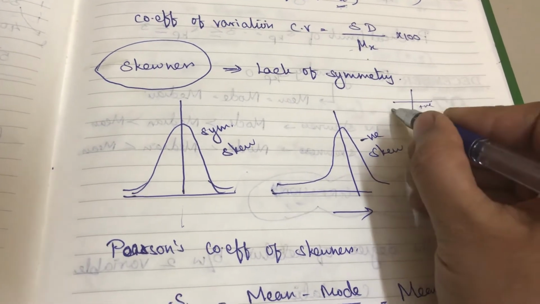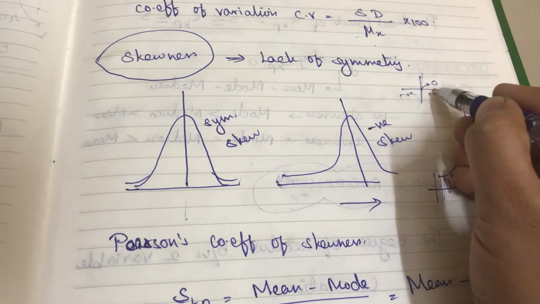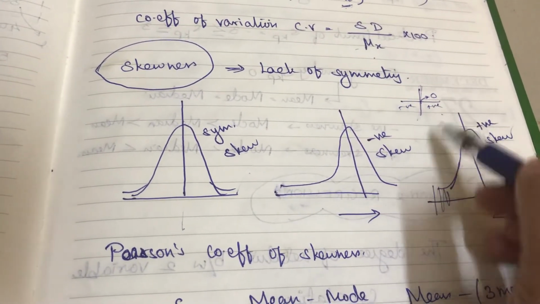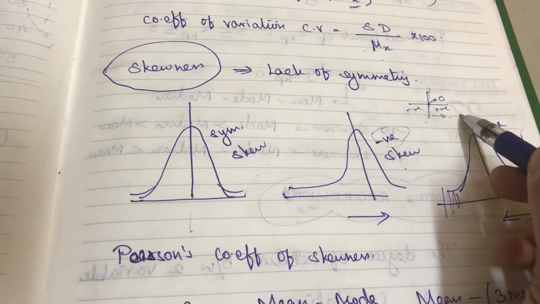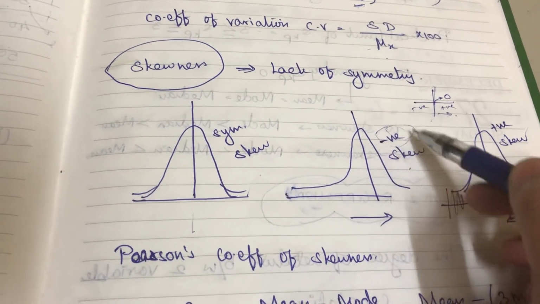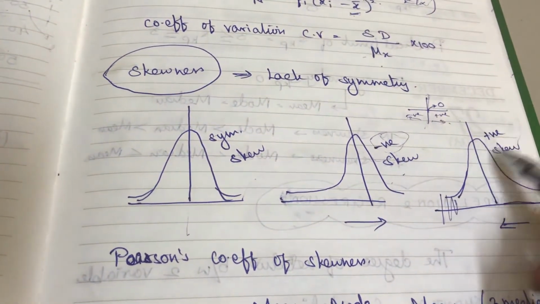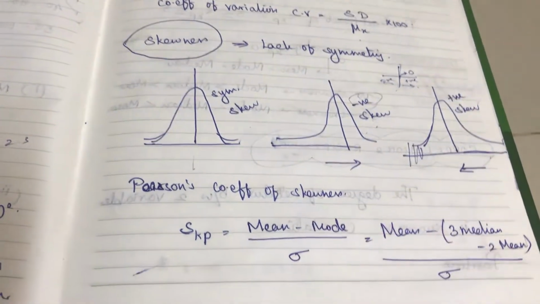Here it is positive and here it is negative, this one is 0. If it is exactly at the origin, we will say symmetrical. If it goes to the negative, we have to write negative skew. If it goes to the positive, we have to write positive skew. Okay, this is the difference in the graph.